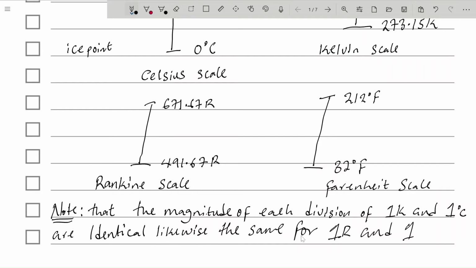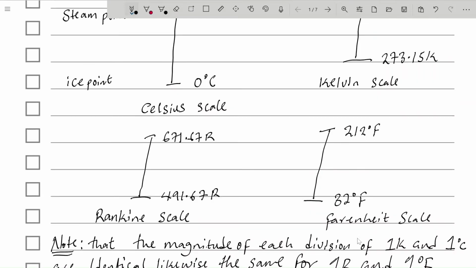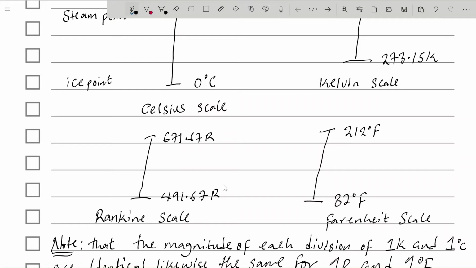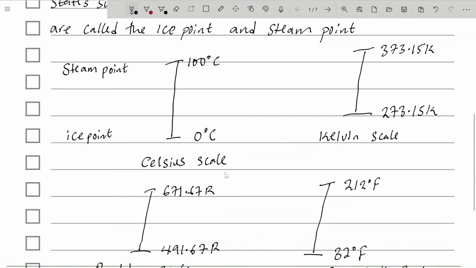Likewise, the same for 1 Rankine and 1 degree Fahrenheit. So what I mean by this is that for the Celsius scale and the Kelvin scale, the magnitude of each division in the Celsius scale and in the Kelvin scale are identical.